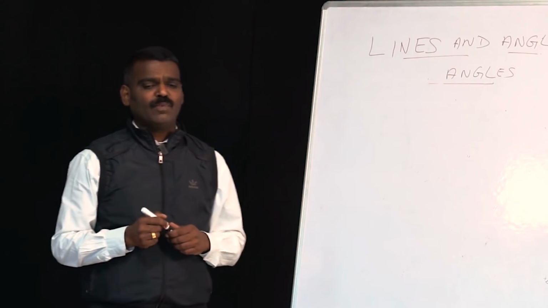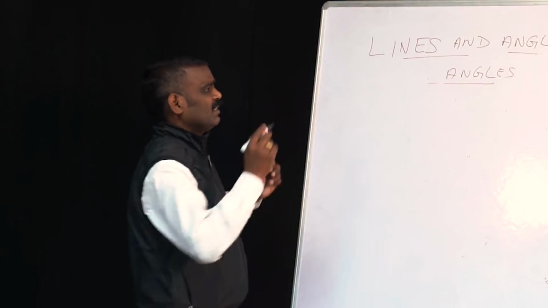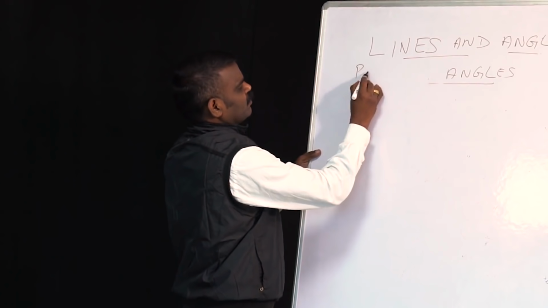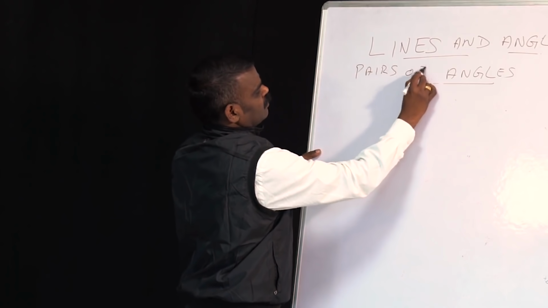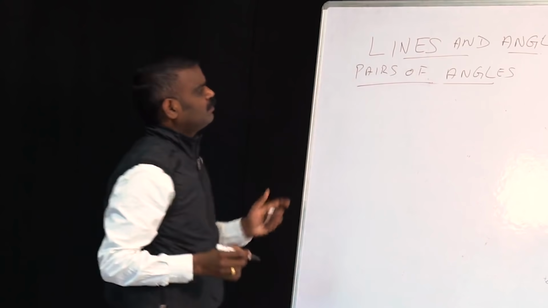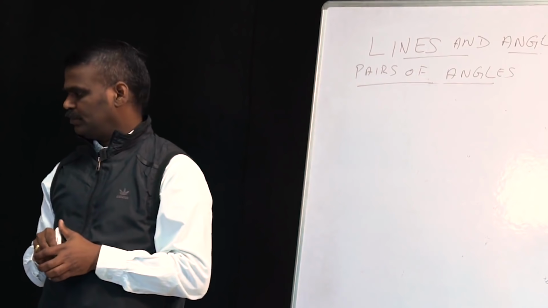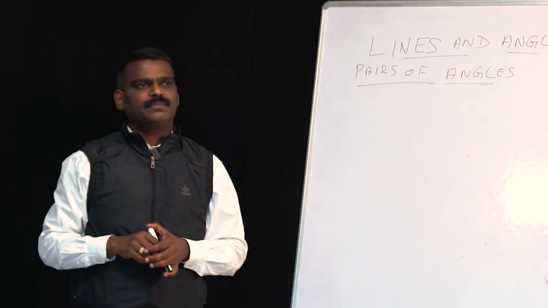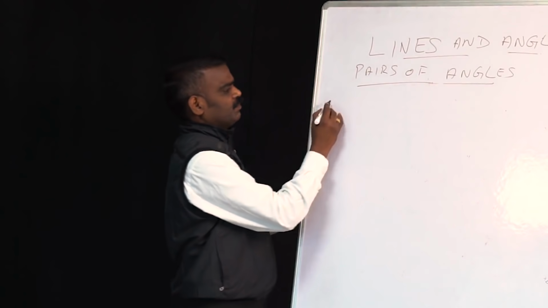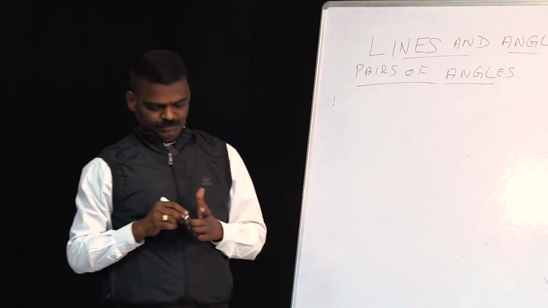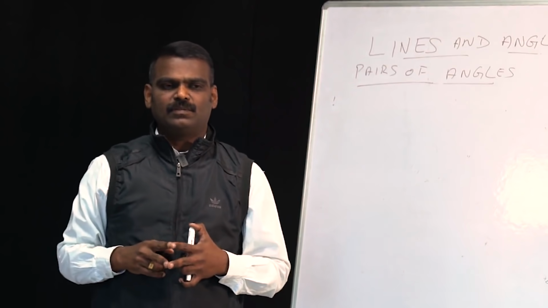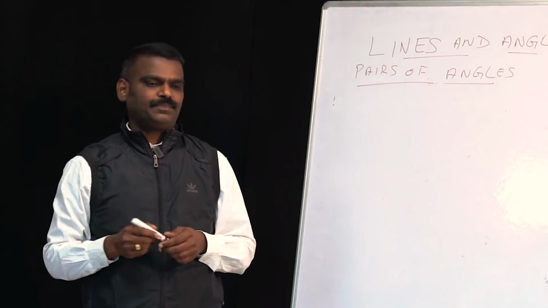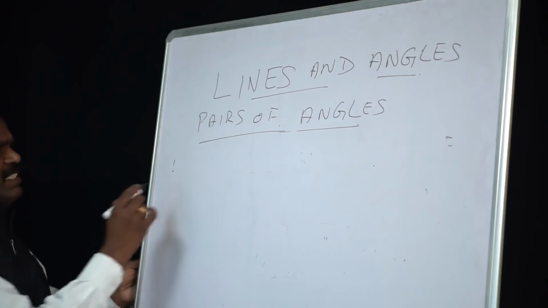Now, we are going to learn some more angles, that is pairs of angles. Pairs, you know, two, right? First is adjacent angles.